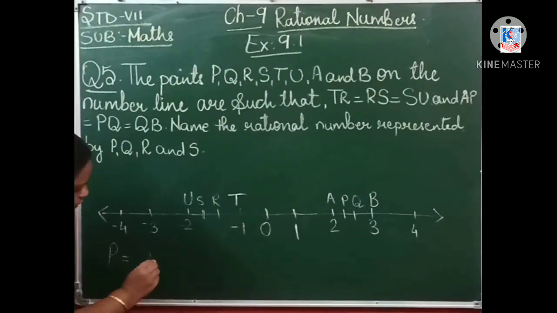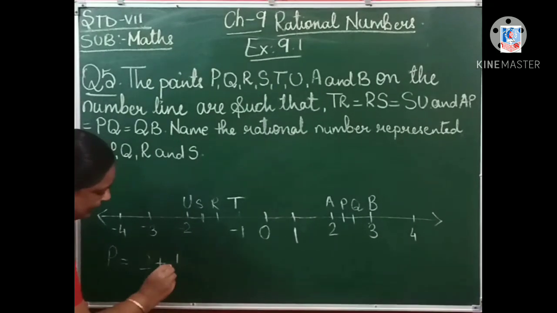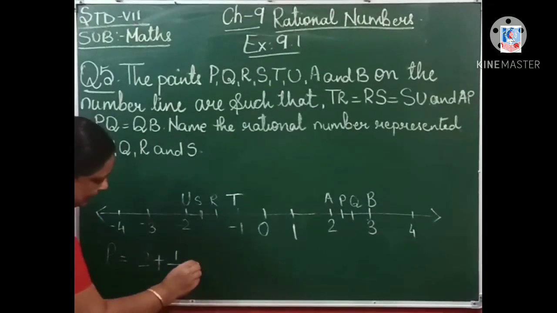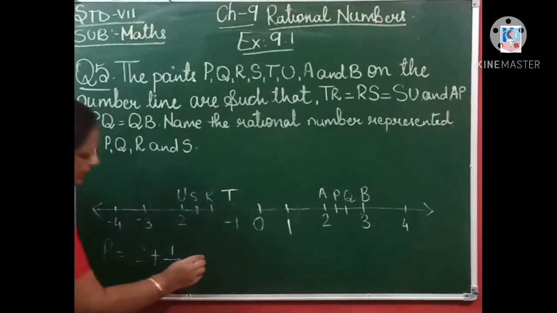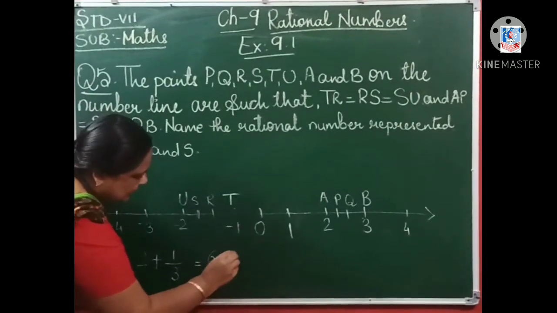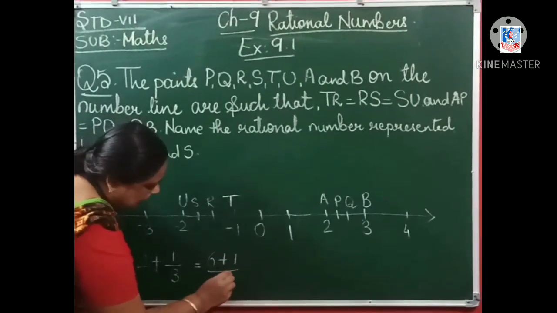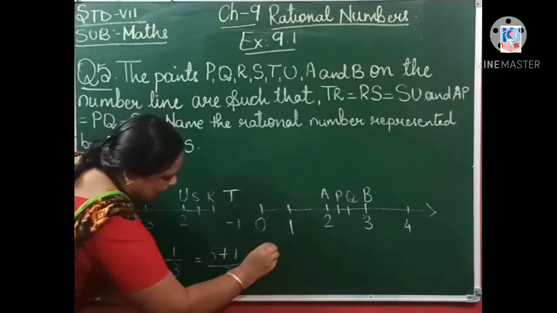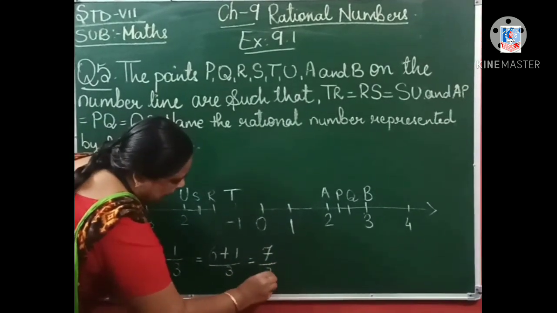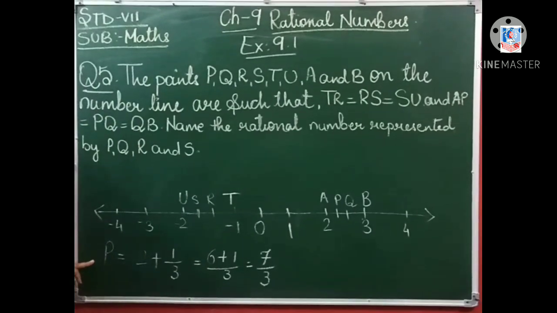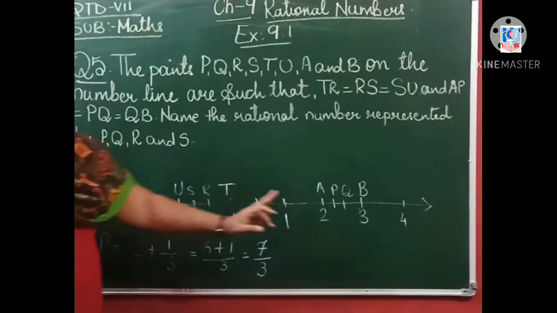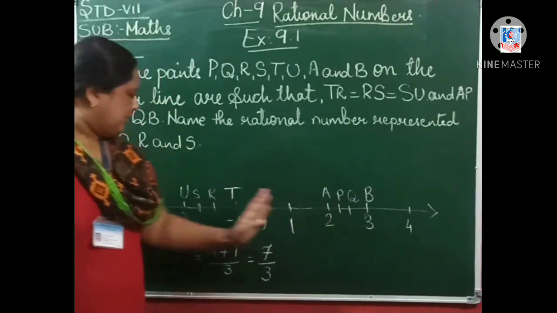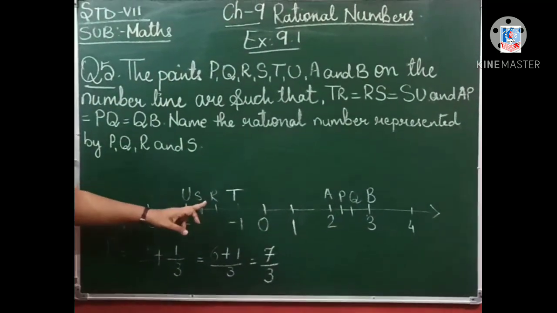P is equal to 2 plus 1 by 3, 3 2s are 6, 6 plus 1 by 3 is equal to 7 by 3. So P is equal to 7 by 3. In the same way you will find the Q. Now next we will find the value of R.